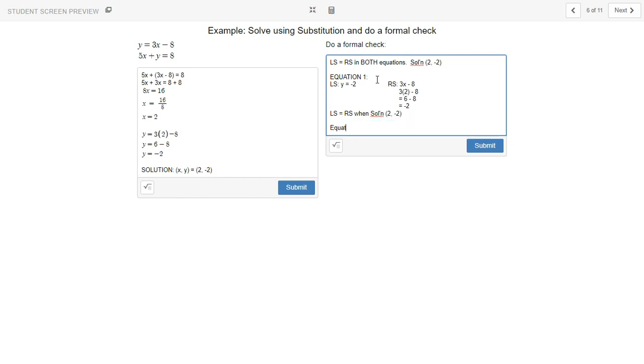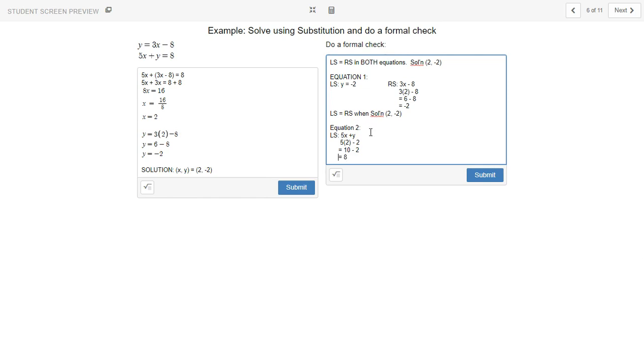Now let's try equation 2. Left side is equal to 5x plus y. So 5 times 2 minus 2. That equals 10 minus 2. Left side equals 8. Let's try the right side now.